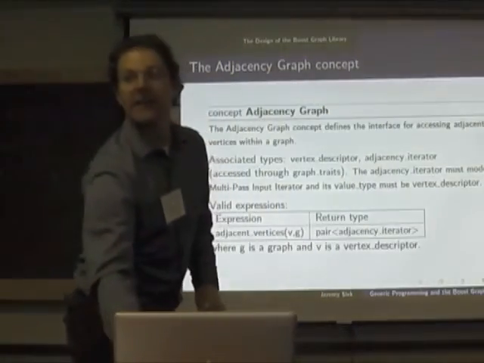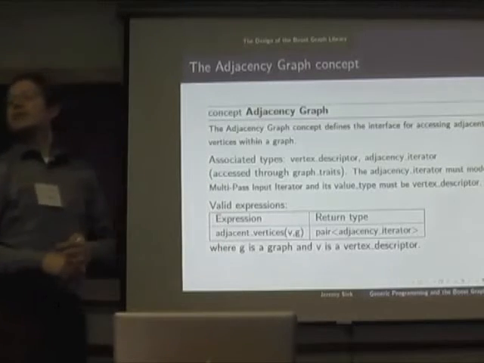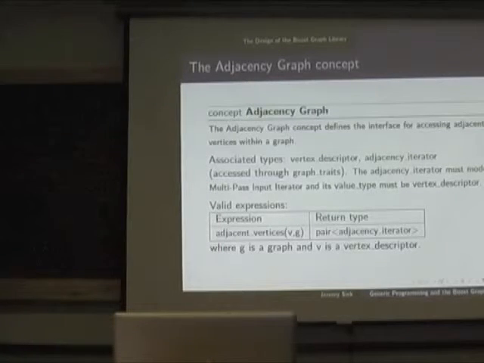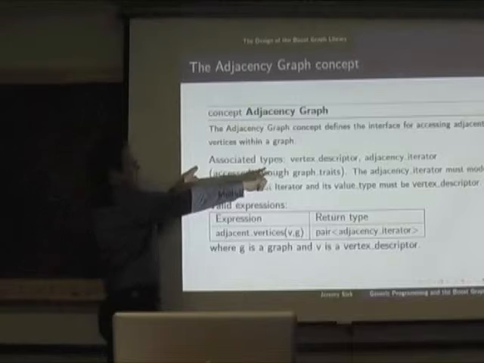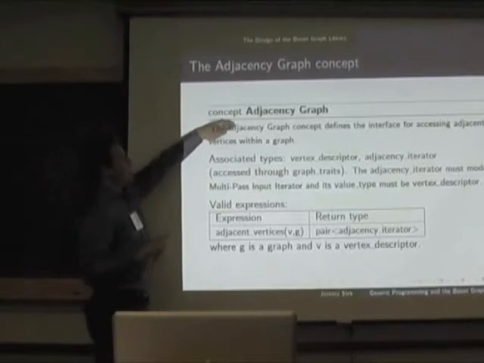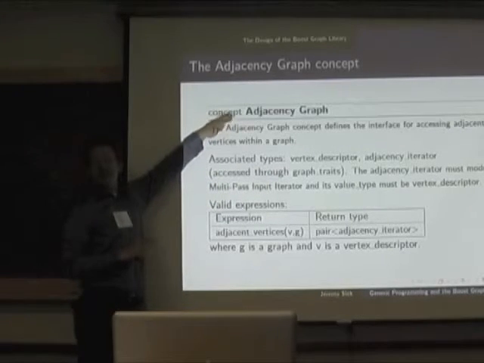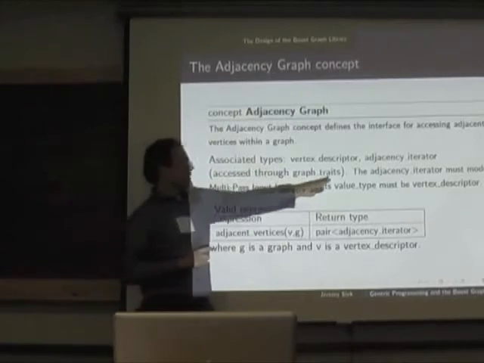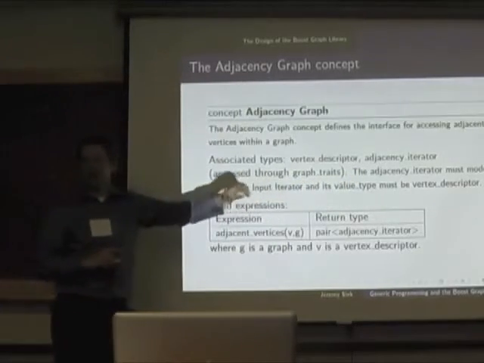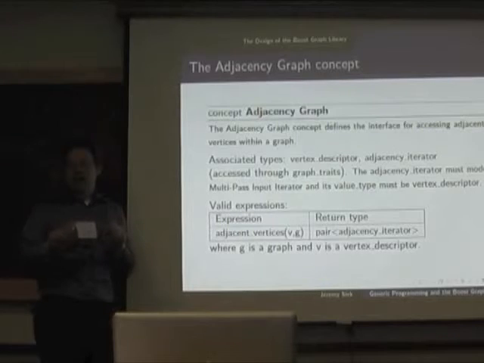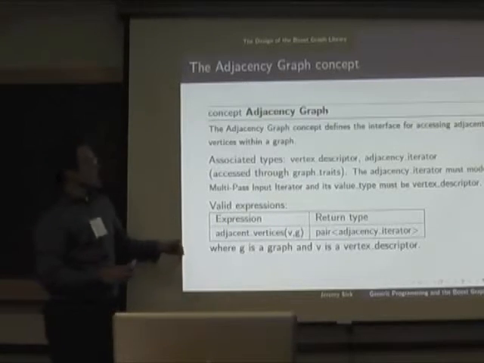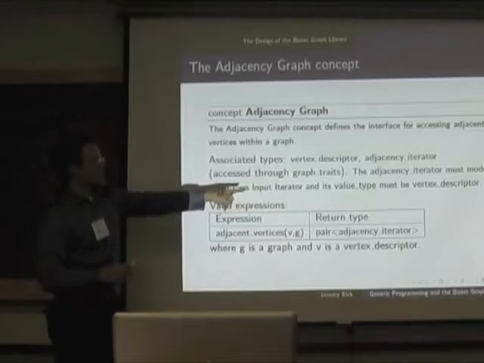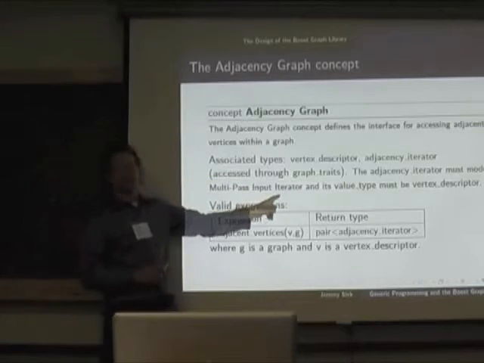So, can you say that the adjacency iterator is a concept that inherits from multi-pass iterator concept? No. These are associated types. Anything that wants to model adjacency graph has to provide an adjacency iterator. You do that by typedefs and traits and stuff like that, but you have to implement it. And that adds requirements: that adjacency iterator has to implement multi-pass input iterator.